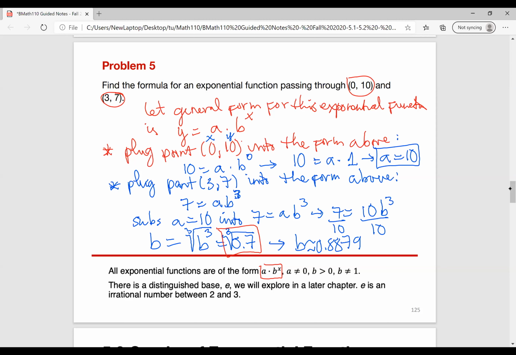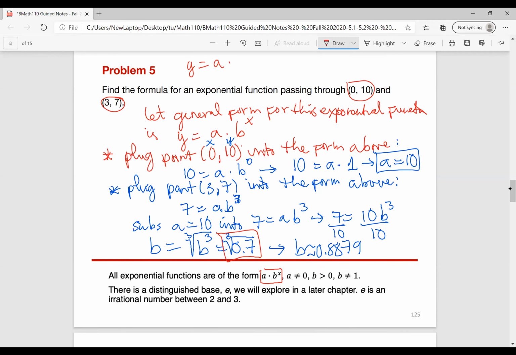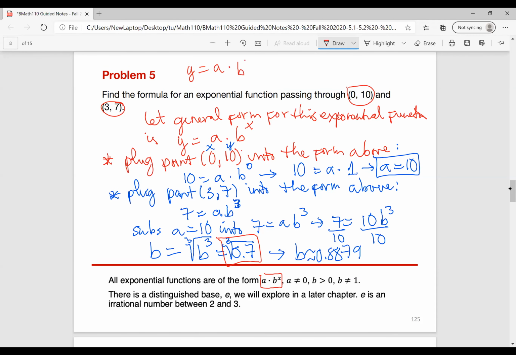So I will have the function y equal to a times b to the x, but a now is 10, right?